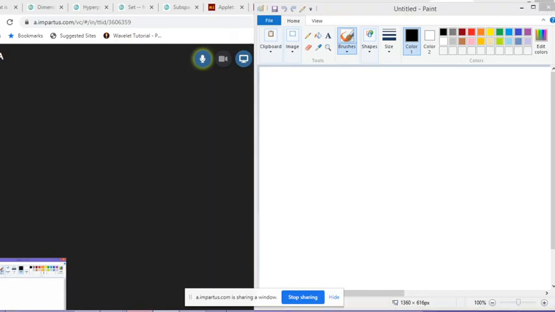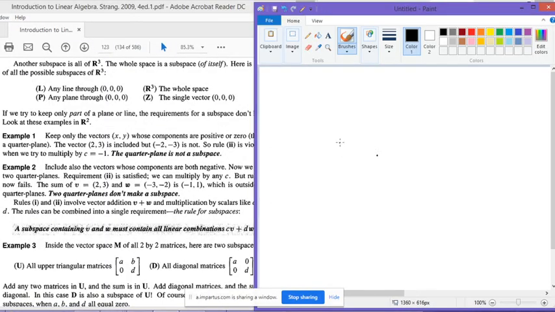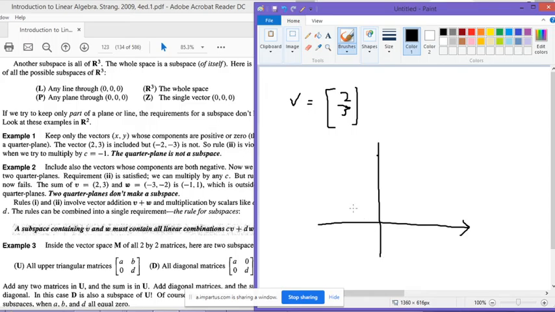We are talking about one example here, where vector v is equal to 2, 3. If you write this on the two-dimensional plane, let's take the plane with x and y. Let us mark 1, 2, 3 on the x-axis and 1, 2, 3 on the y-axis.